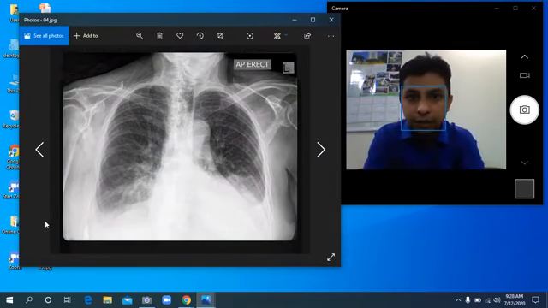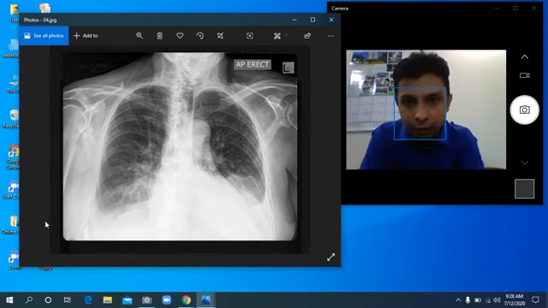The first picture that we showed you was a picture of unilateral pleural effusion, but this is an X-ray of bilateral pleural effusion. The findings are the same, but it's bilateral.